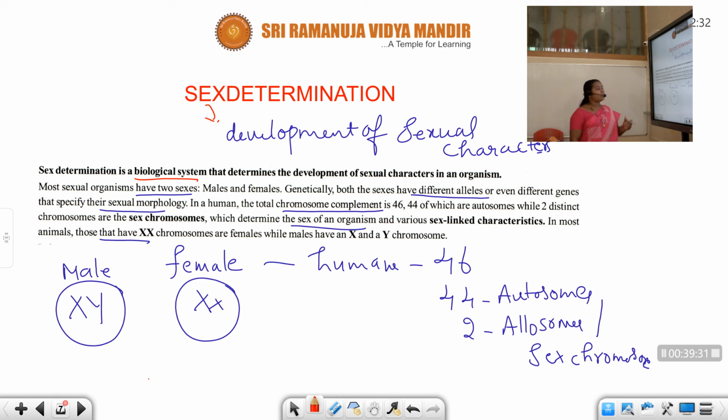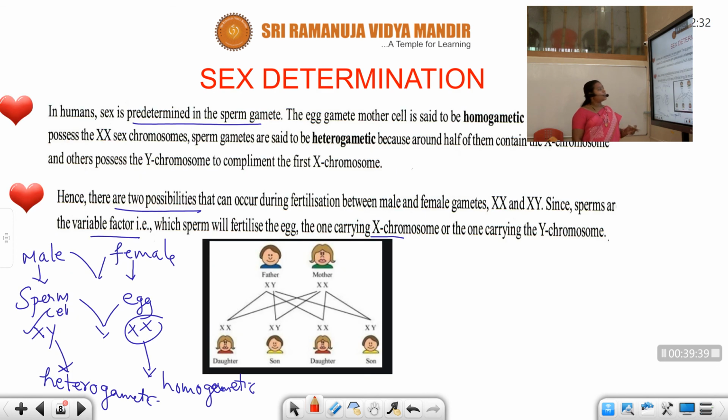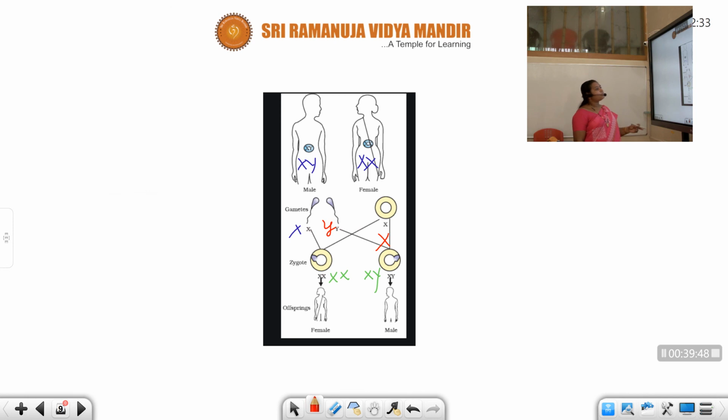The male has the XY chromosome, whereas the female has the XX chromosomal condition. In the next slide, the male condition is called heterogametic, whereas females are in homogametic condition. And this is the diagrammatic representation of sex determination in humans.